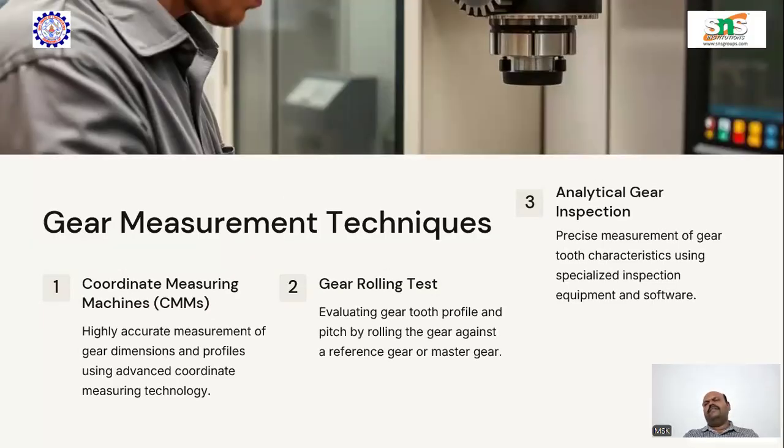We have several types of measuring methods or classifications, but we can put them in three kinds of tests or measurement techniques used to measure gears. One is the coordinate measuring machine. The second one is the gear rolling test. And the third one is analytical gear inspection. We all know the coordinate measuring machine gives highly accurate measurements.